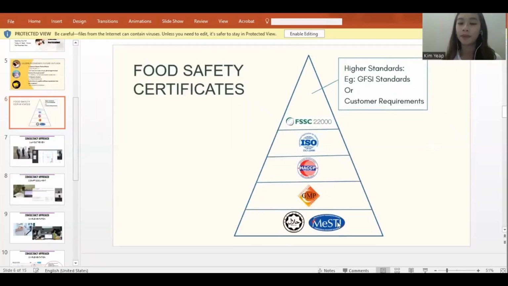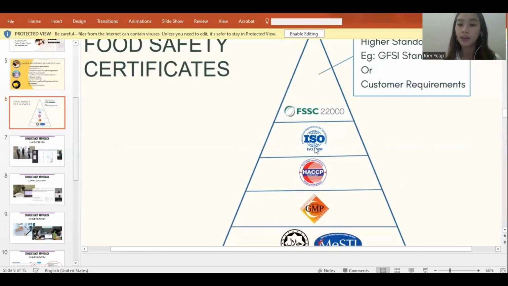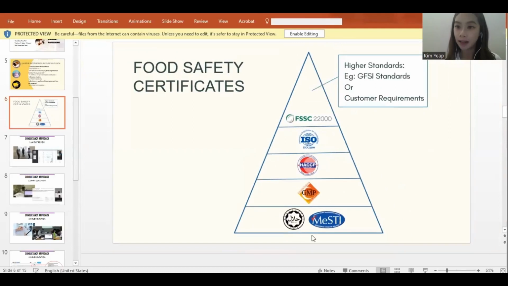Okay, so here this is the ISO 22000 that I explained to you just now. Here we also have halal, mesti, GMP, HACCP, and let's not talk about this first. Why halal appears here is because, still remember when I talked about halal, halal has different scopes.